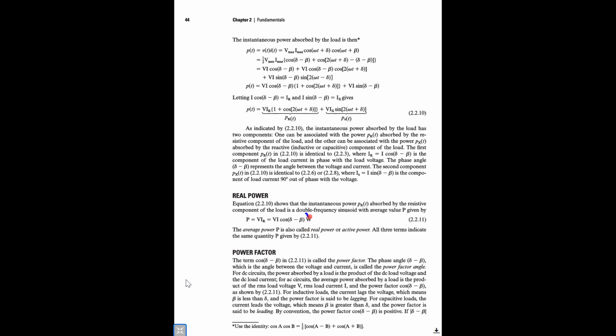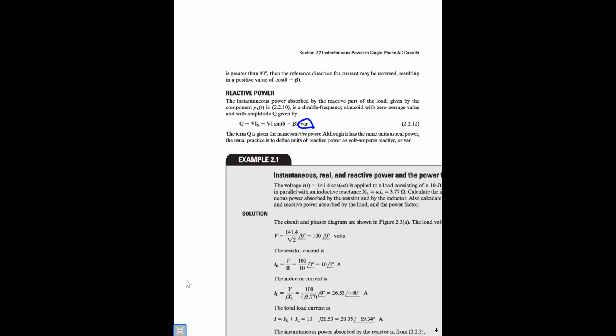You see here is watt, and here is the var. Q will be VI sin(delta minus beta) var. Okay, no problem.